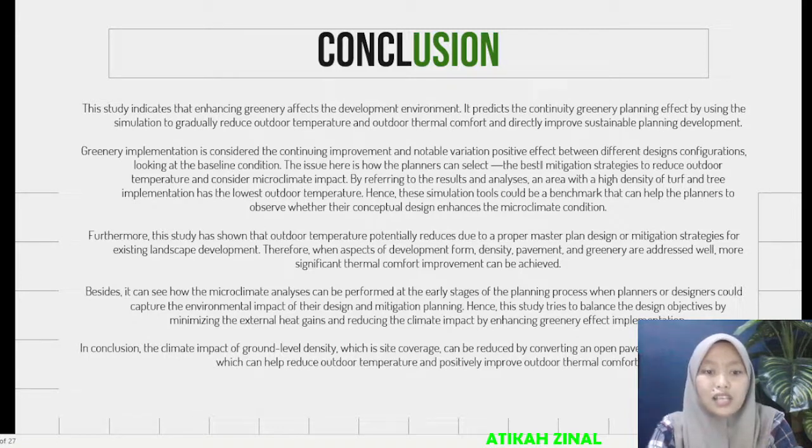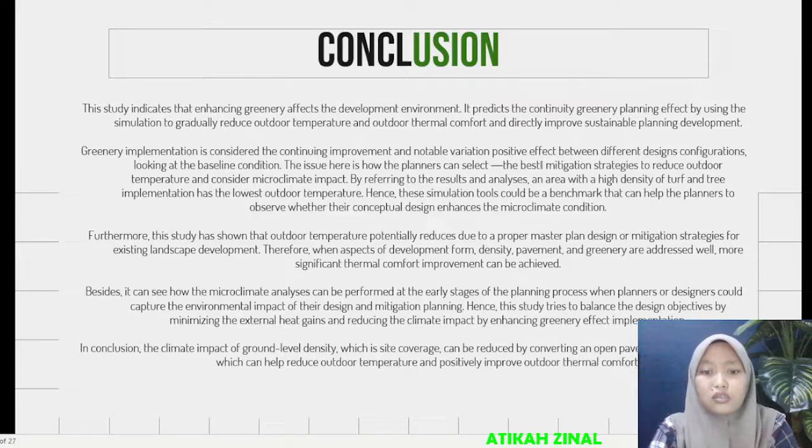Looking at the baseline condition, the issue here is how the planner can select the best mitigation strategy to reduce outdoor temperature and consider reducing climate impact by referring to the results and analysis. An area with a high density of turf and trees has the lowest outdoor temperature.